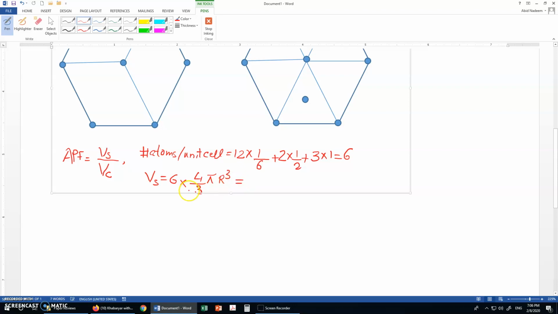So it will be 6 times 4/3, which is 8 pi r cubed. So 8 pi r cubed is the volume of the spheres in the unit cell. So this quantity we have determined.